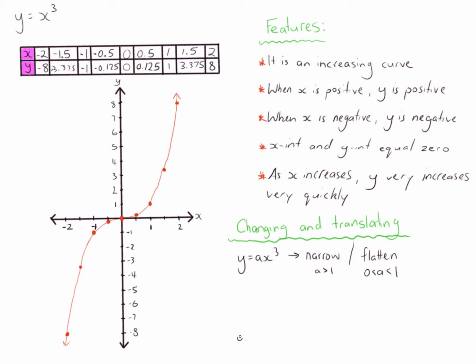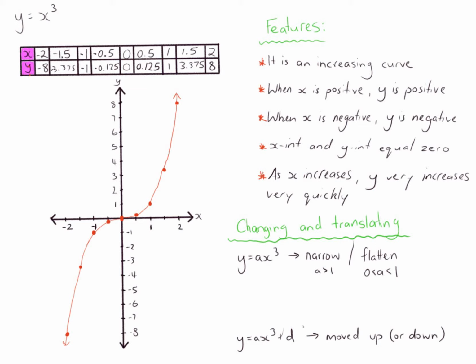And when we added some constant term on the end, okay, that just moved our graph up or down, by d places in this case, whatever number this constant term d is.